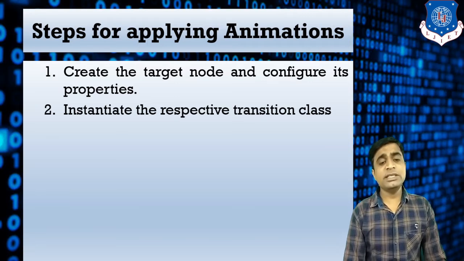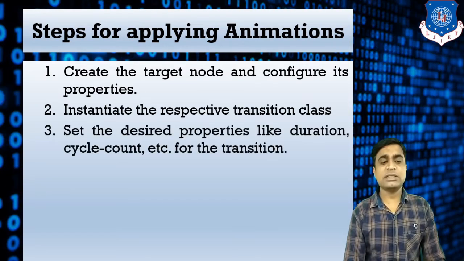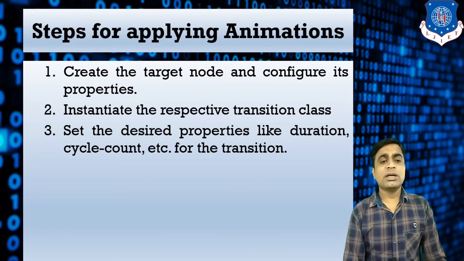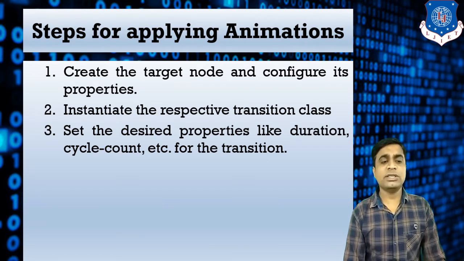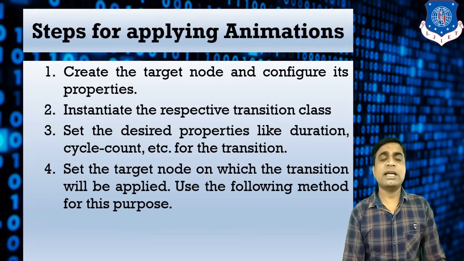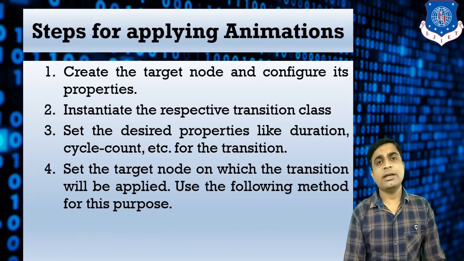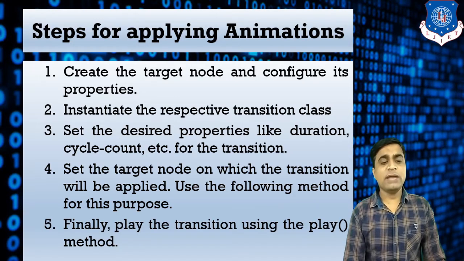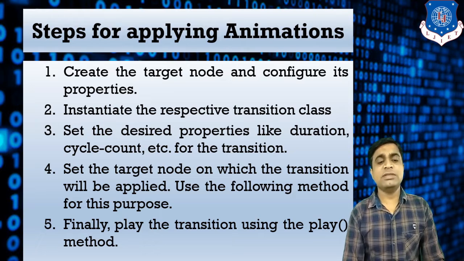Then instantiate the respective transition class, set the desired properties like duration, cycle count, etc. for the transition. Then set the target node on which the transition will be applied, and finally play the transition with the play method.